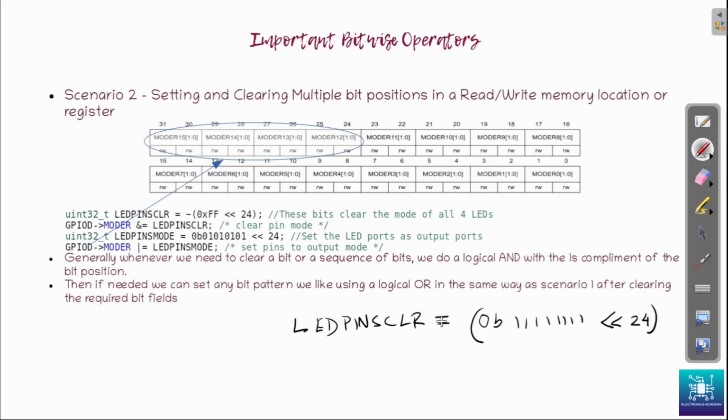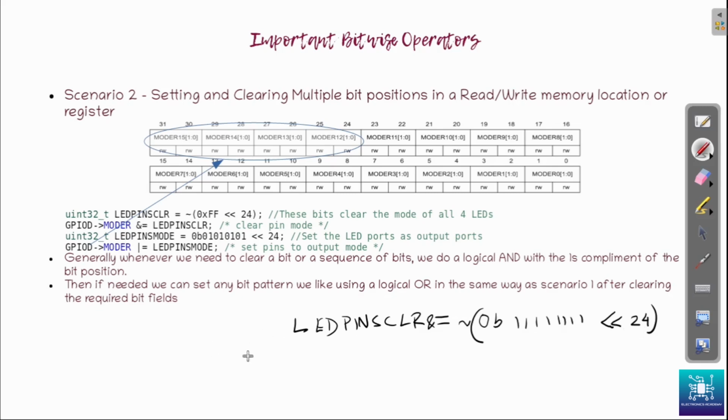So for clearing the bits, what you need to do is you need to ampersand the complement of this value. So ampersand the one's complement of the value that you obtained here.